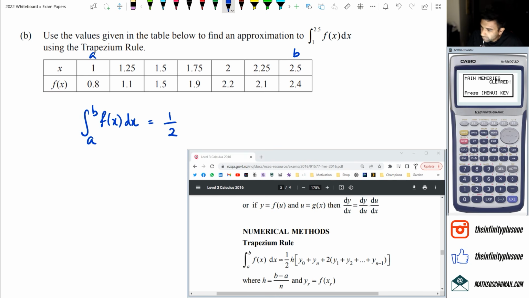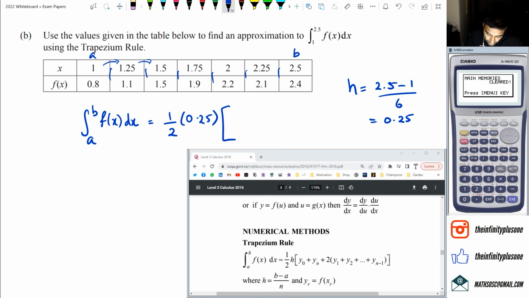Because n is the number of gaps that you have between them, and you can see that there's actually 1, 2, 3, 4, 5, 6 gaps. So h is equal to 2.5 minus 1 divided by 6, all right, which equals 0.25. We can already see that here because everything is going up by 0.25. So that's what h is going to be.